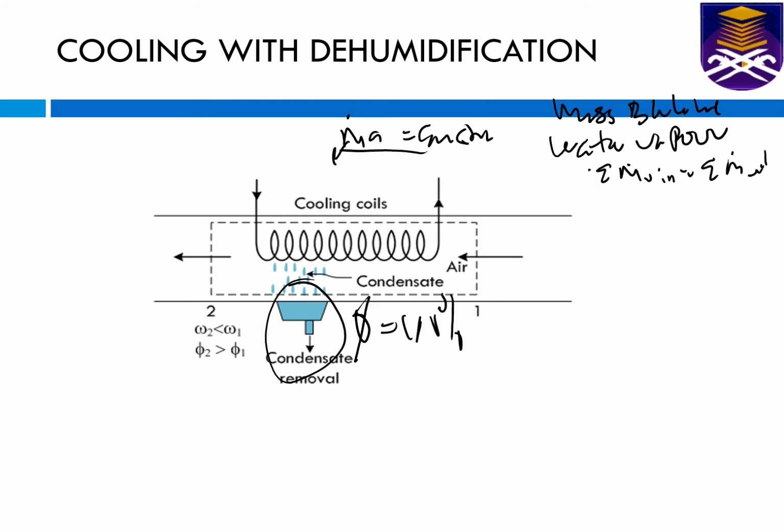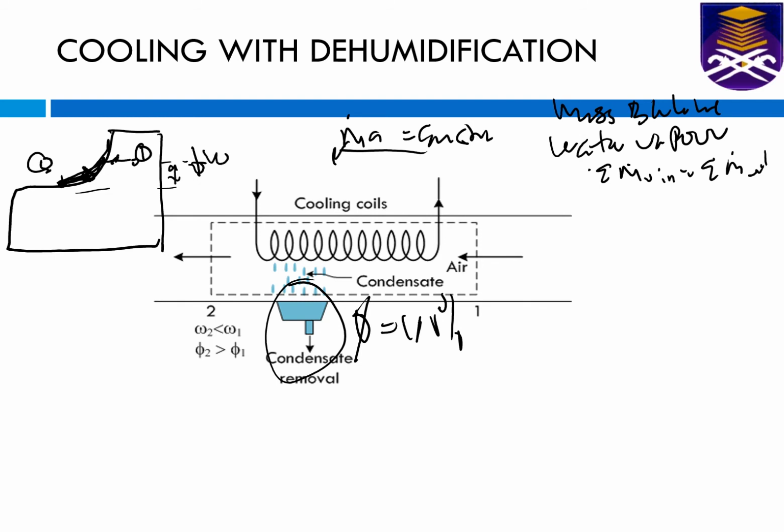If we look at the psychrometric chart here, the temperature cools from state 1 until state 2, passing through the saturation line, where the amount of omega will drop.